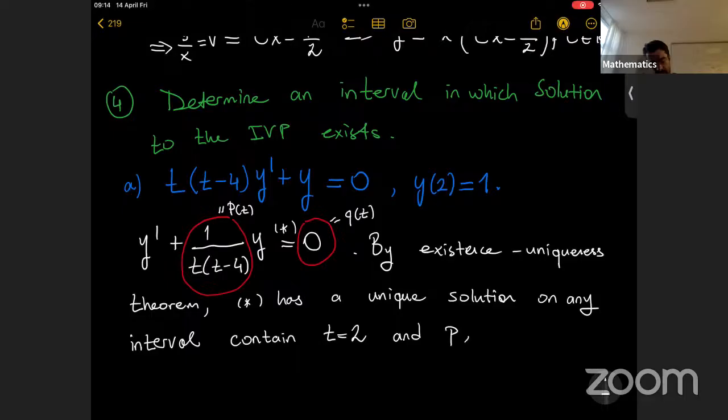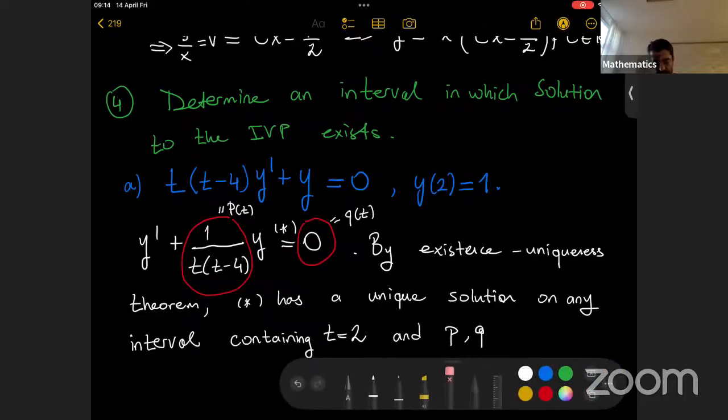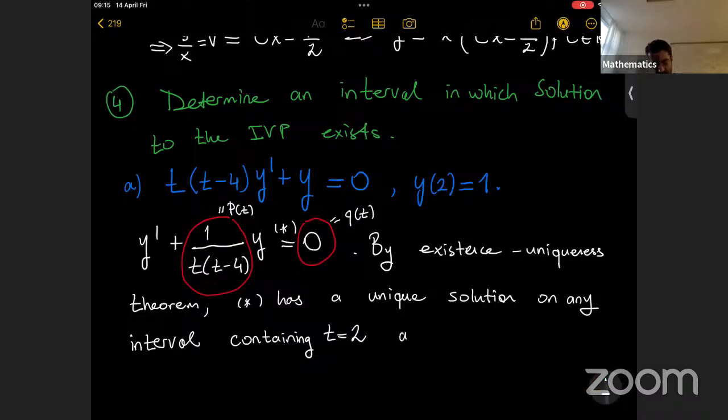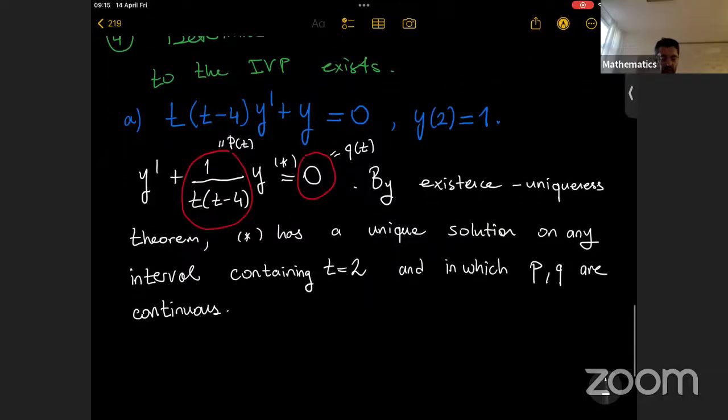And in which p, q are continuous. Okay, so you will find an interval where 2 is an element there, and p of t and q of t are continuous.